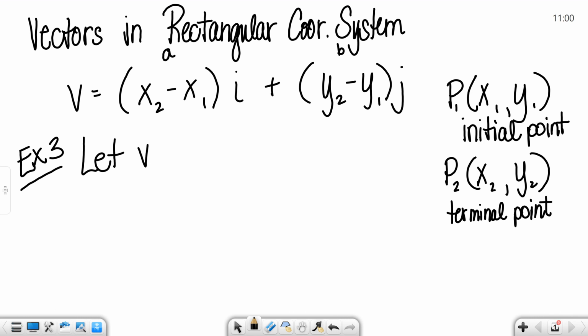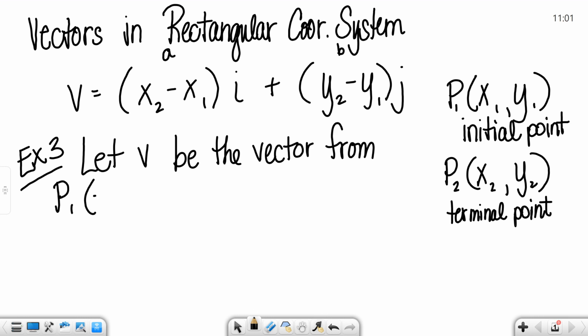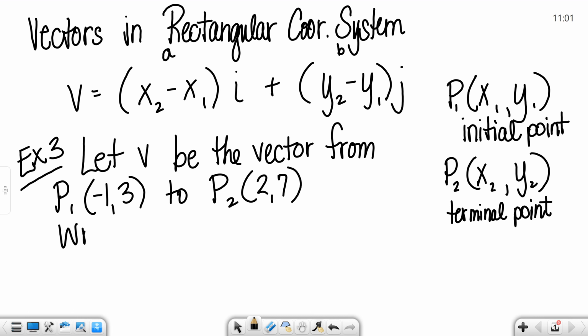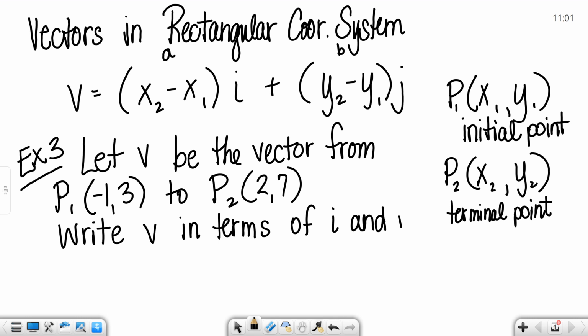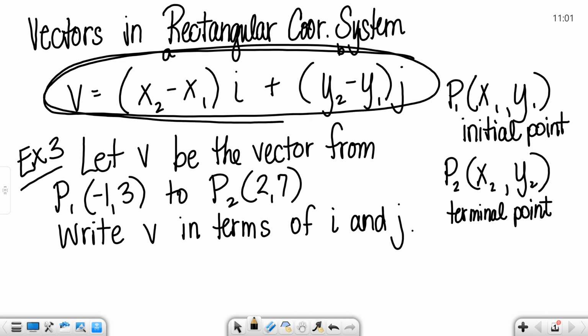All right, we're going to let v be the vector from this first point, -1, 3, to this second point, 2, 7. That is our vector. What I want us to do is let's write our vector in terms of i and j, the unit vectors. So this is our goal.